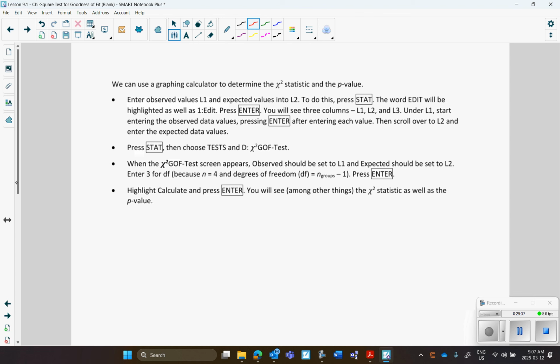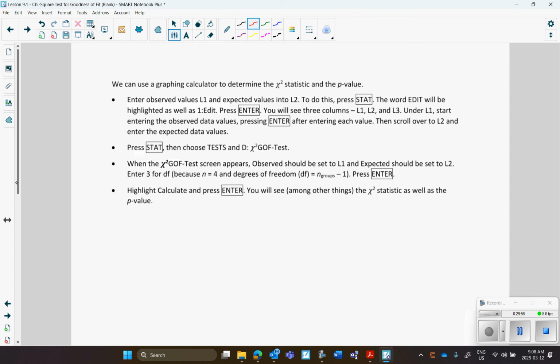Do you remember how to enter a list? It's been a while. So go to stats and then don't scroll anywhere. It'll say edit. Just go there and you should have your lists.